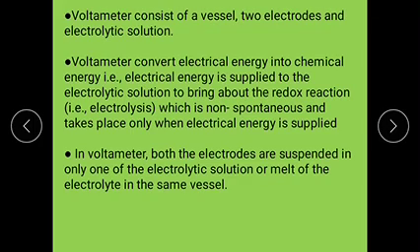In a voltameter, both the electrodes are suspended in only one electrolytic solution or melt of the electrolyte in the same vessel. In that electrolyte we may take two same type or different types of electrodes.